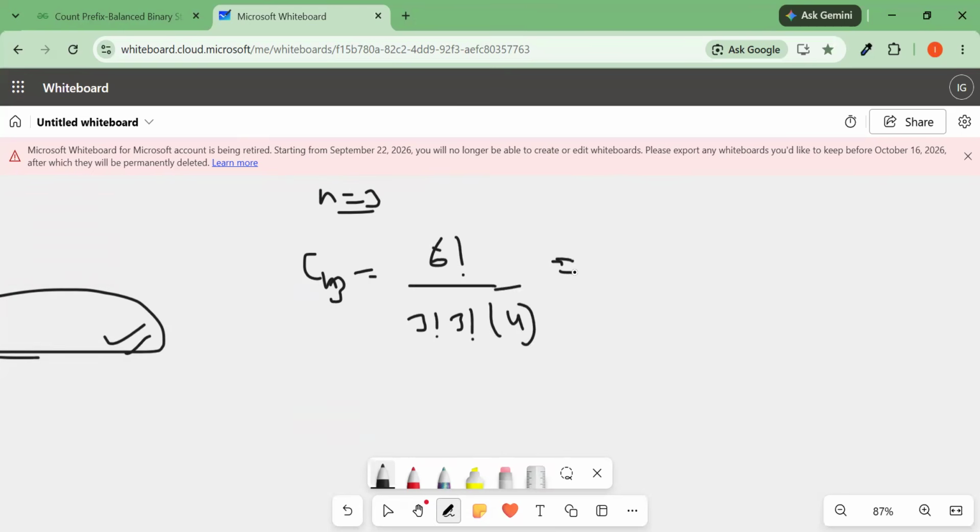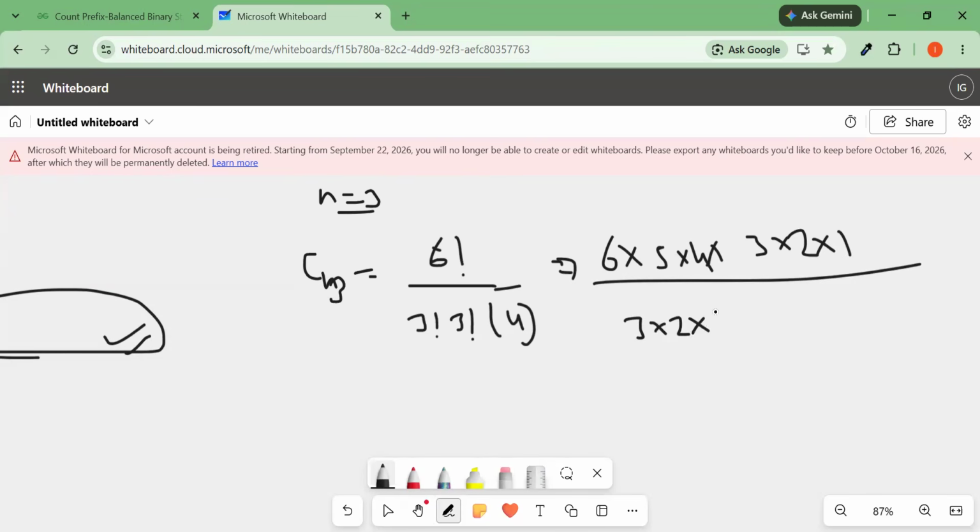So what is 6 factorial? 6 factorial is nothing but 6, 5, 4, 3, 2 into 1. 3 factorial is 3, 2, 1, and again 3, 2, 1. And 4 is 4. So this 3 into 2 will divide this 6, this 3 into 2 will divide this, this 4 will be 4. So what remains is the 5. So 5 will be your answer.